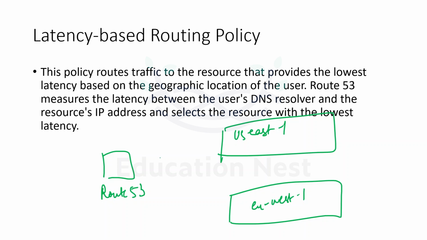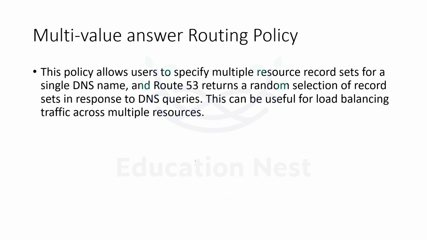When the user submits the request, it is 76 milliseconds of latency to this environment, and to this environment it is 138 milliseconds of latency. Then Route 53 would redirect the request to this particular environment because that would give the lowest latency possible. So that is the latency based routing policy.